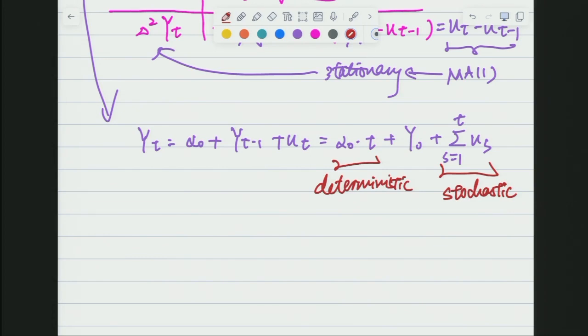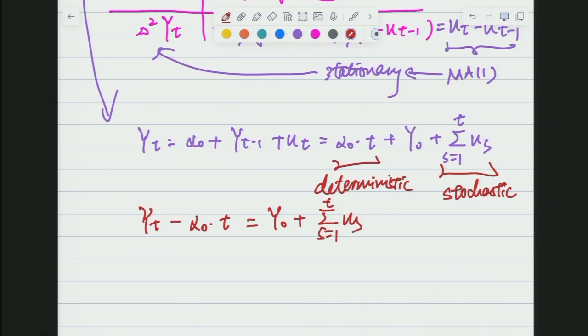Then, can we simply make the random walk with drift stationary by subtracting the deterministic trend? Imagine we take y_t minus alpha naught times t, essentially bringing the deterministic trend to the left-hand side. Then what is left on the right is the initial observation, yet we still have the random walk.